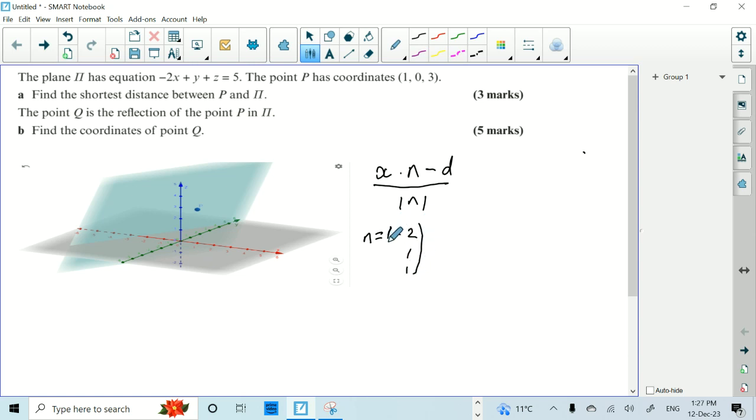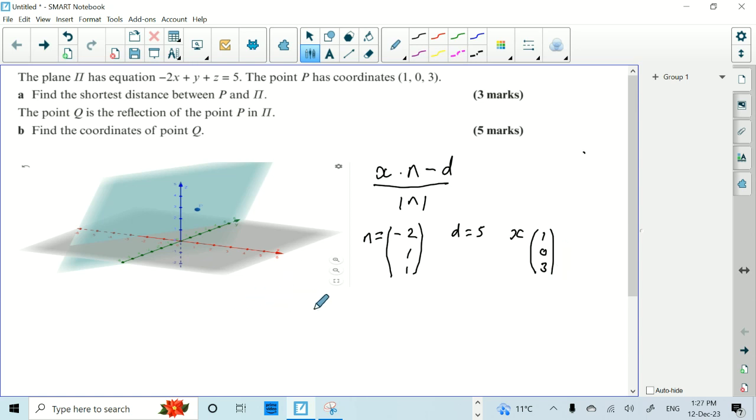Now, d is 5, because it tells you that this equation of the plane is equal to 5. And the point which we call x is 1, 0, and 3. Well, the point P has coordinates 1, 0, and 3, so x is equal to 1, 0, and 3. I put it in vector form.